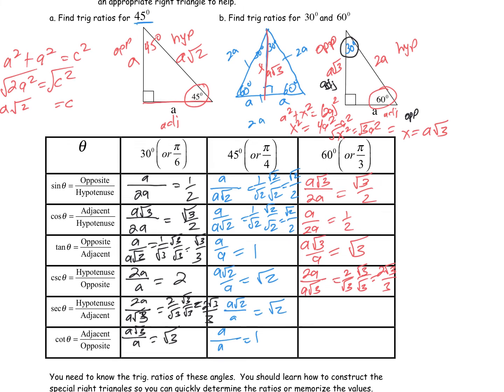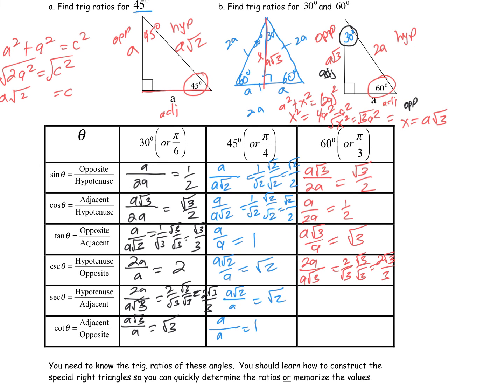And let's scroll this up a bit. Secant theta, that's the reciprocal of cosine, or we can use the side lengths. So the length of the hypotenuse, which is 2A, over the length of the adjacent side, which is A. So secant theta is 2, which makes sense, as that's the reciprocal of cosine, which was 1/2.